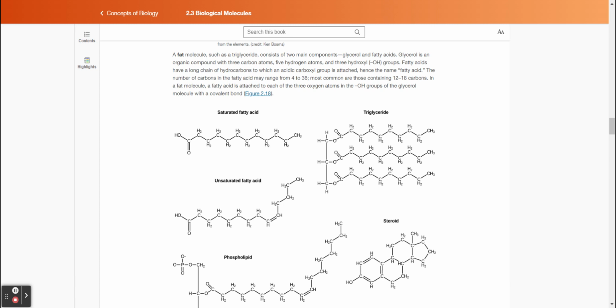The number of carbons in the fatty acid may range from 4 to 36. Most common are those containing 12 to 18 carbons. In a fat molecule, a fatty acid is attached to each of the three carbon atoms in the hydroxyl groups of the glycerol molecule with a covalent bond.